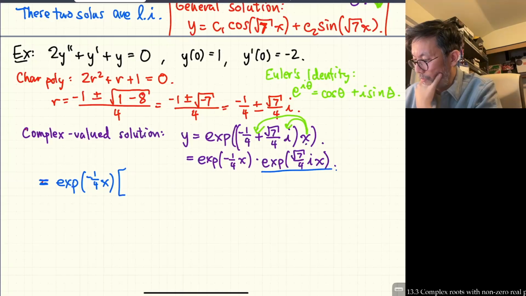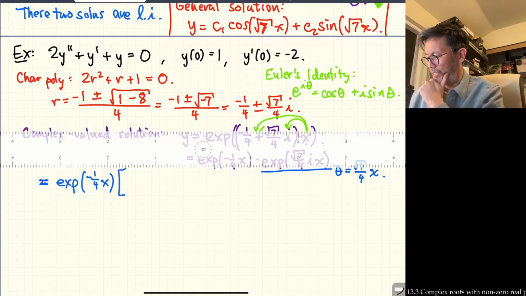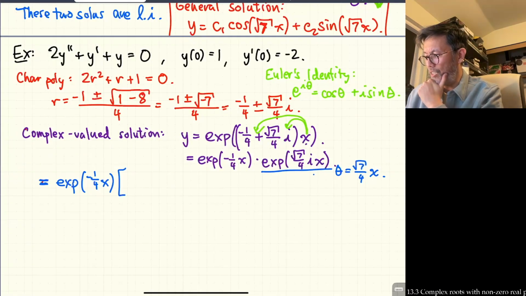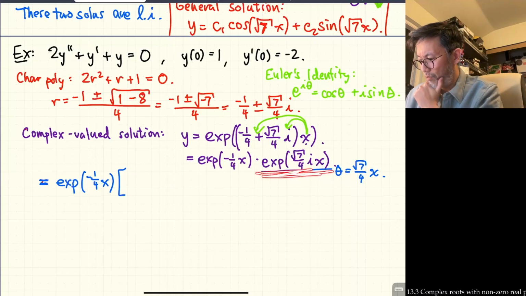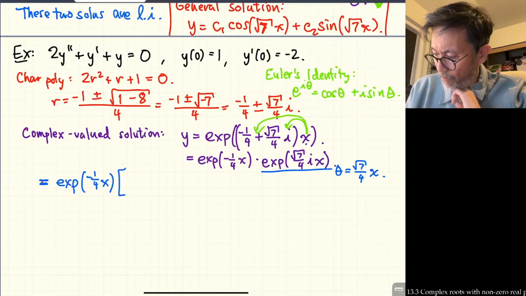Square root of 7 over 4 times x. If you make theta be square root of 7 over 4 times x, then this is exactly the left-hand side of Euler's identity, so we can rewrite it as the right-hand side.